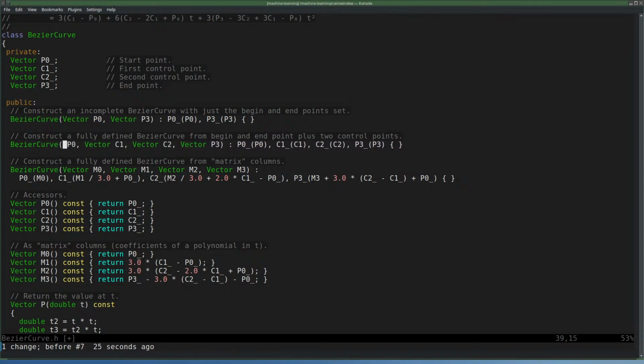We keep using vectors. I just have to do something about this one. Int, whatever. Or maybe I should pass an actual matrix.